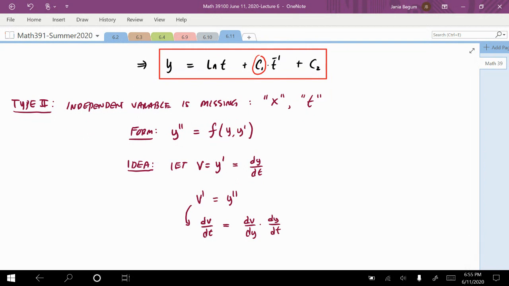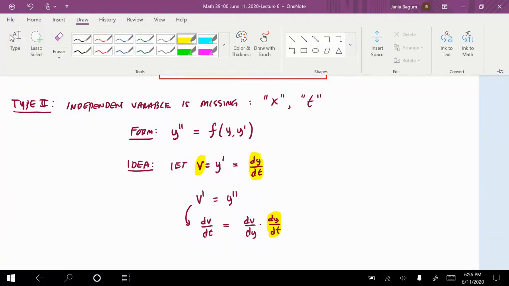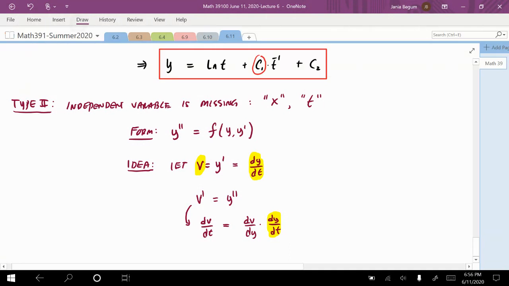But then here I can make another clever substitution. What is dy/dt from above? It's just v. So I'm going to make that substitution.